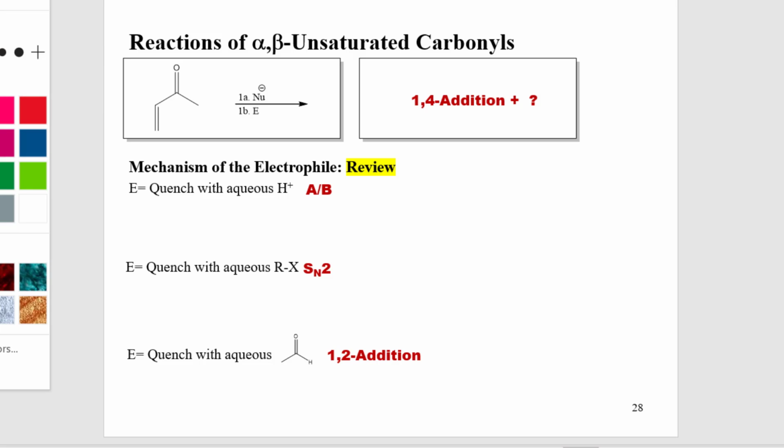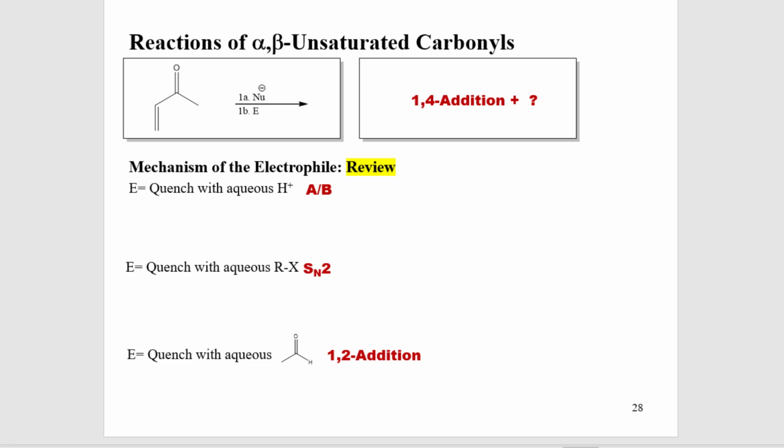Okay, so I just wanted to do a bit of a review. Now that we've discussed what happens in a 1,4 addition, I want to focus a little bit more on the back end. What happens when you get to that enolate and you quench? Let's say I have a soft nucleophile.